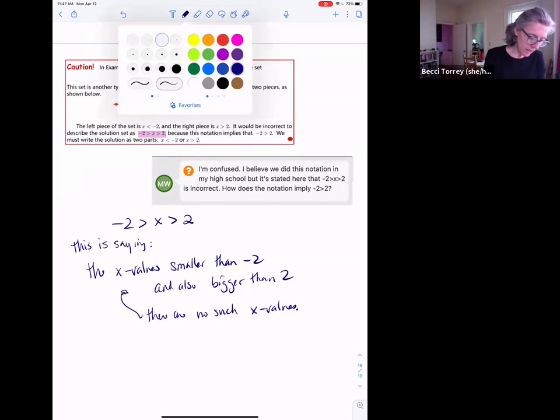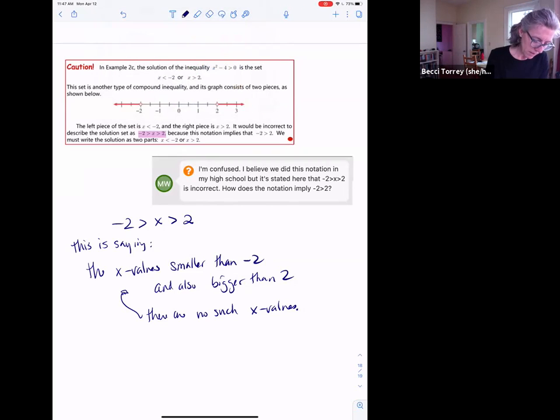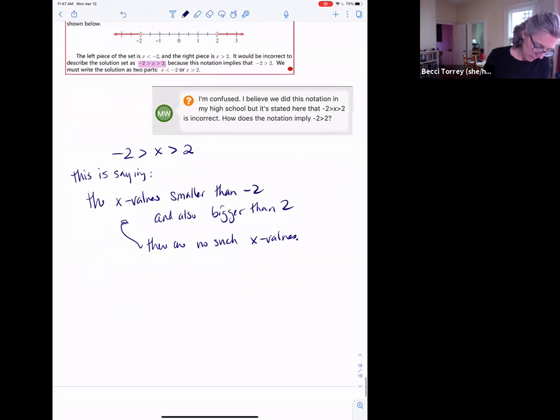If you had the solutions that were in the middle, you can write something like minus 2. So it doesn't make any sense. So you have to write instead x is less than minus 2 or x is bigger than 2 in order to describe the solution set here.